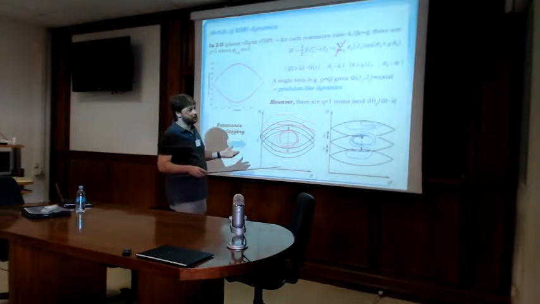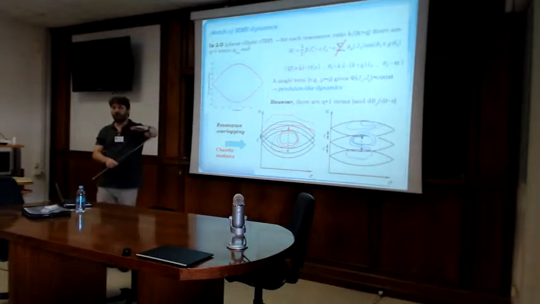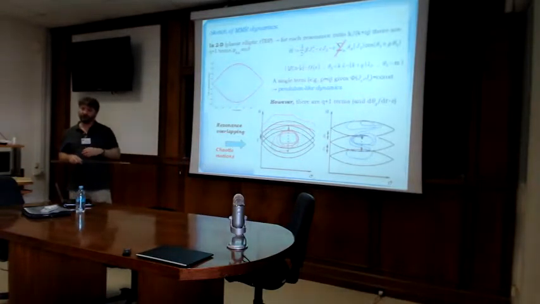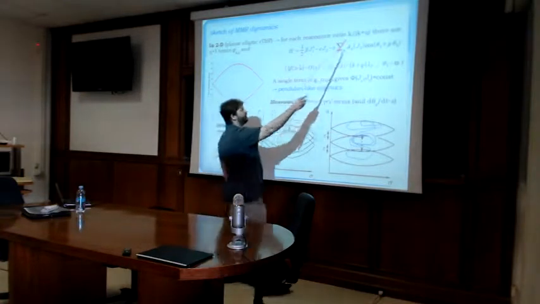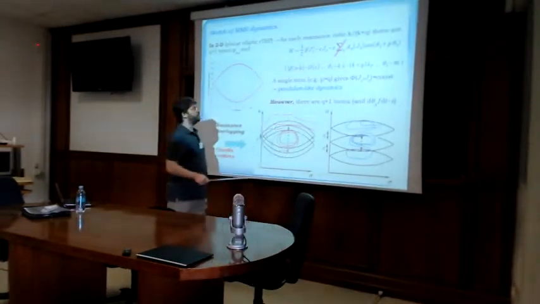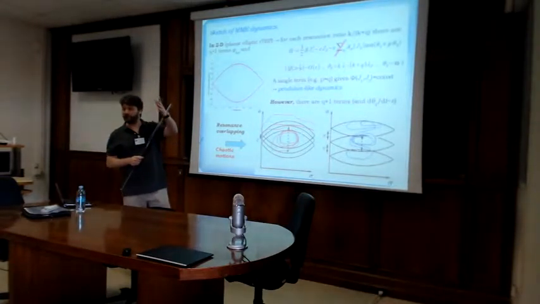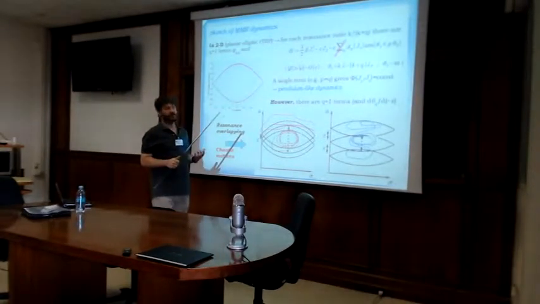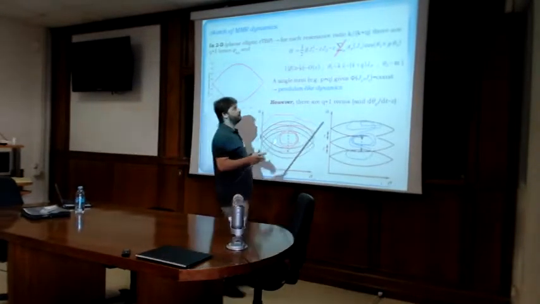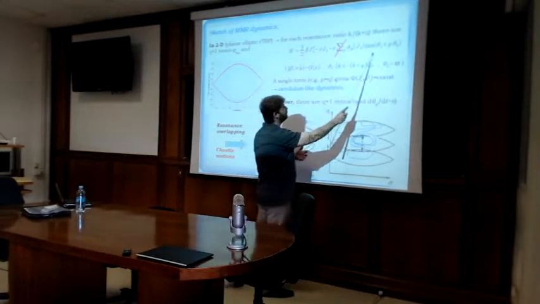In that case, we can show, and I will show tomorrow, that, for example, in the simple approximation, the planar elliptic three-body problem, so I have Jupiter on a fixed elliptic orbit and an asteroid moving on the same plane, then for each combination of integers that satisfy a given resonant ratio, there are q plus 1 terms that are important in the disturbing function. Q is what I told you before, the order of the resonance. And you can do a series of transformations to make the Hamiltonian take this form.